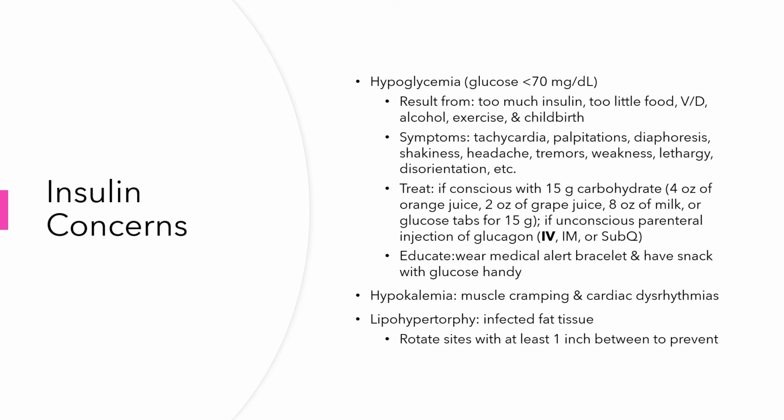Now, we're giving insulin because they have a high glucose level. The concern then is if it drops too much. Hypoglycemia is when our glucose level is below 70. This could be a result of too much insulin being administered, or we corrected them correctly, but they didn't eat enough food at that time to counteract it.